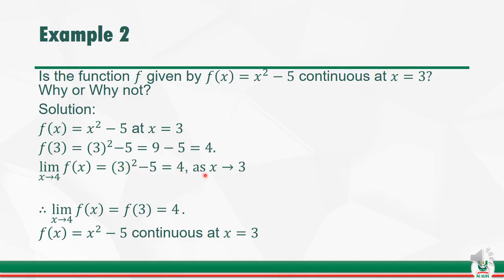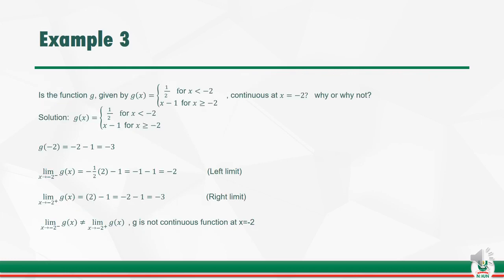You can see the limit and the function at point x is equal to 3 both give us 4. That shows that this function f of x is equal to x squared minus 5 is continuous at point x is equal to 3.